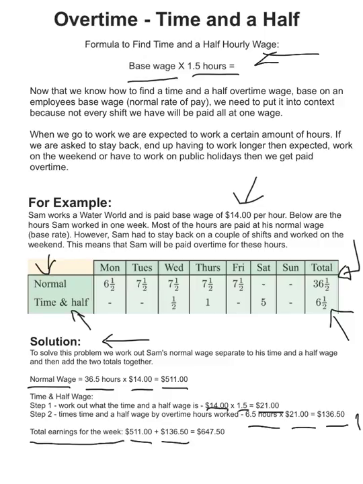When we add all of that into our calculator, we get given our total, which is $647.50. So that's the total amount of money that Sam is going to earn during that week of work.